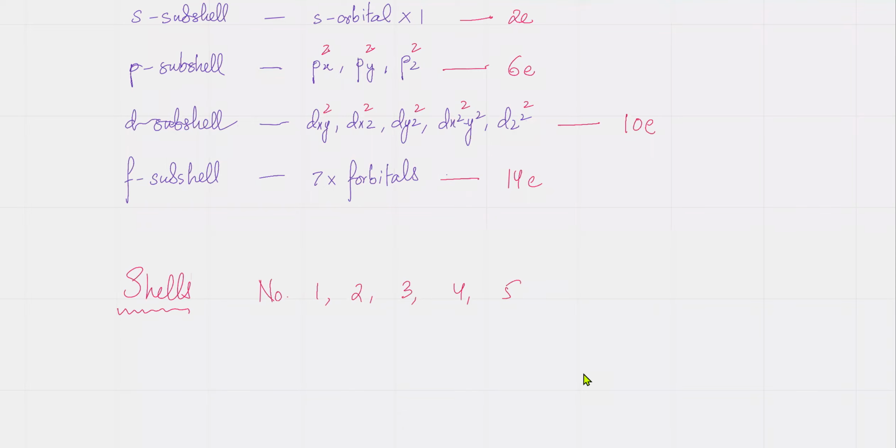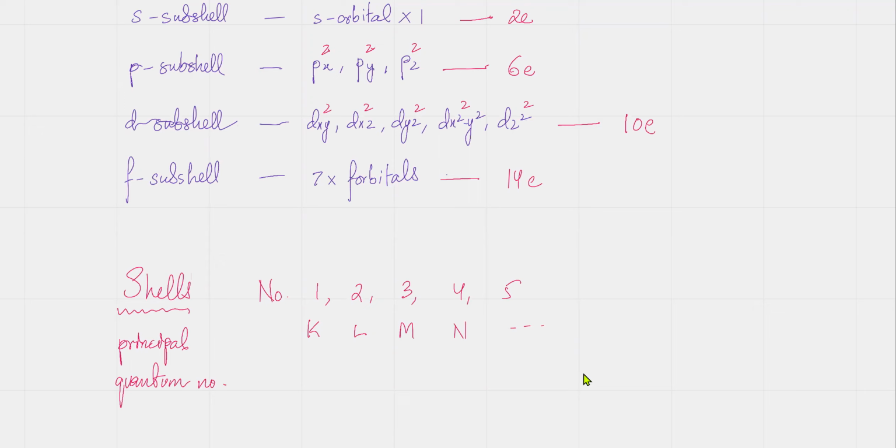In O levels, they're also referred to by alphabetical letters, K, L, M. You start off with the K shell, then L, M, N, and so on. The shell is also referred to as the principal quantum number.